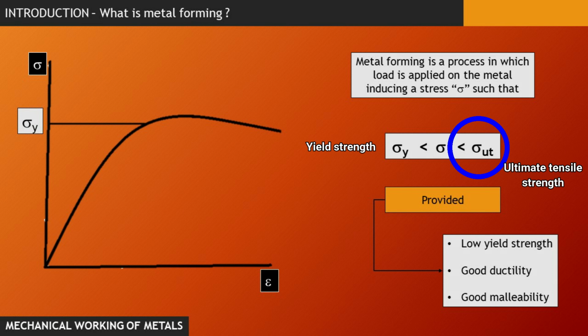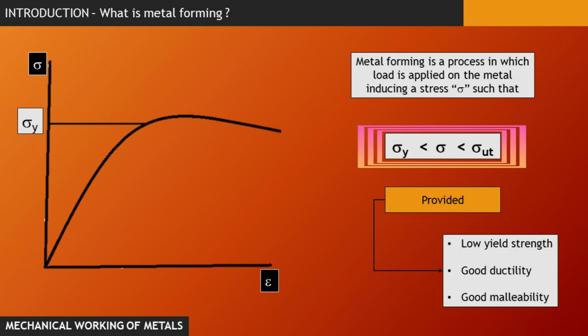Now this sigma UT is nothing but the ultimate tensile strength, which is the maximum stress that a material can withstand while being stretched or pulled prior to breaking, and hence the applied load must be generating a stress lower than the ultimate tensile strength.